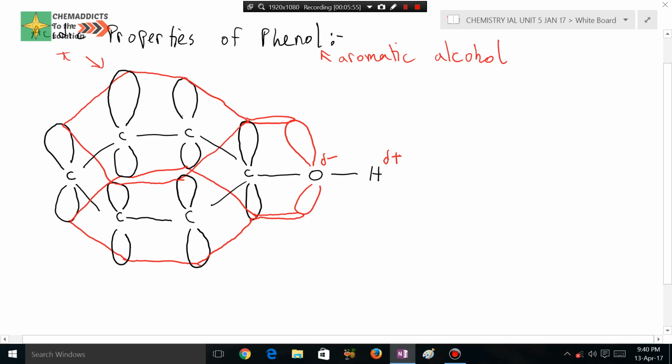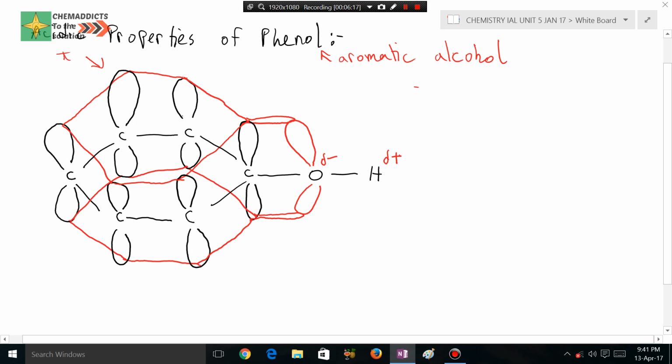Thus phenol has stronger acidic properties than aliphatic alcohols. Phenol is an acidic compound and thus it donates H plus ions when dissolved in water. That is why phenol shows acidic properties, since it donates a hydrogen ion or proton to water.